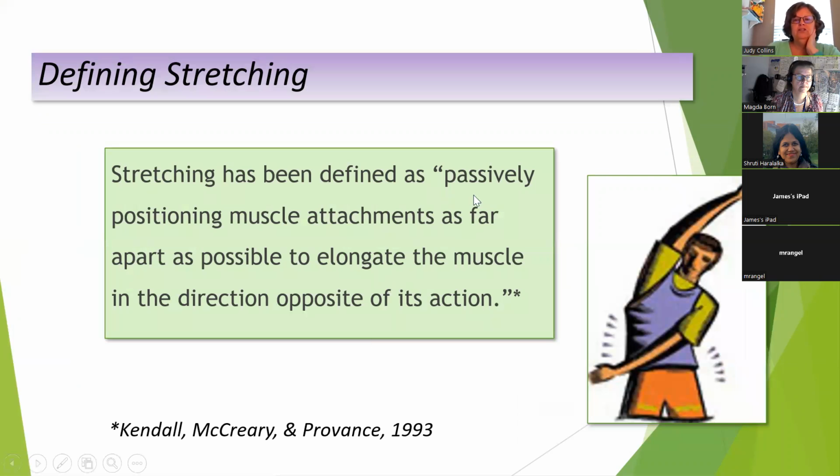So let's talk about stretching. This is a very physiological definition of stretching. Stretching has been defined as passively, which means not actively, positioning muscle attachments as far apart as possible to elongate, lengthen the muscle in the direction opposite of its action.